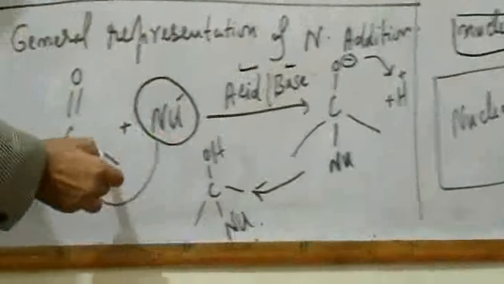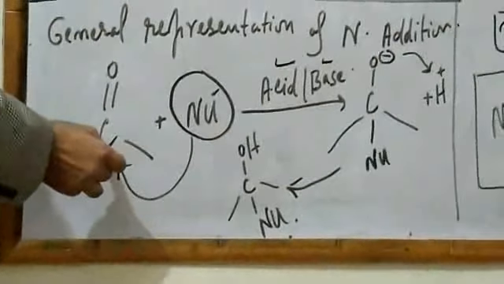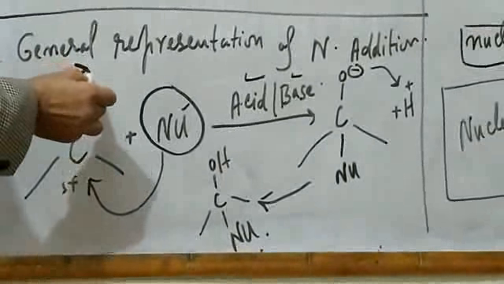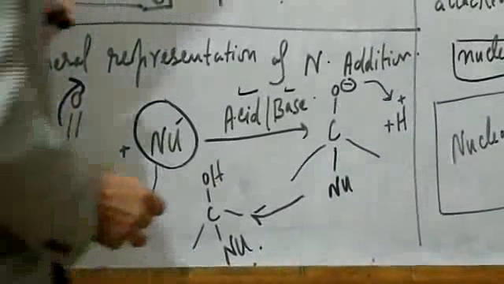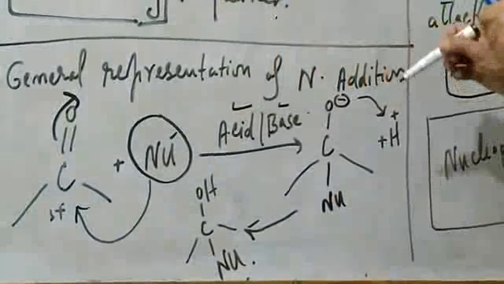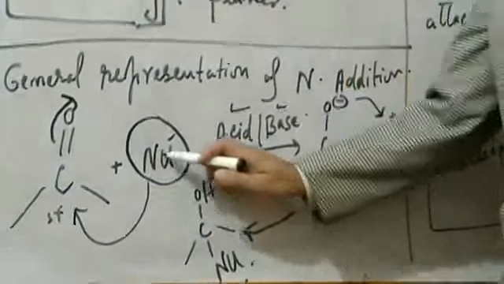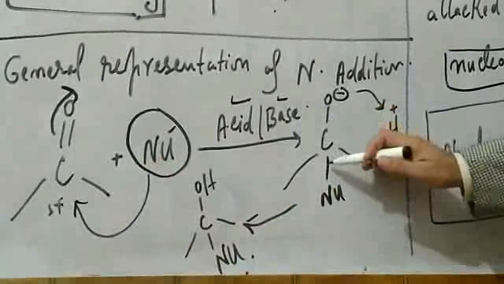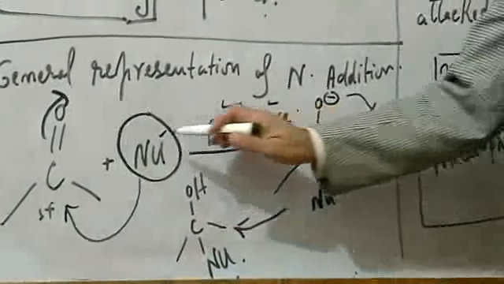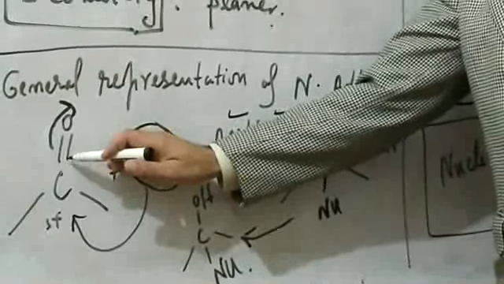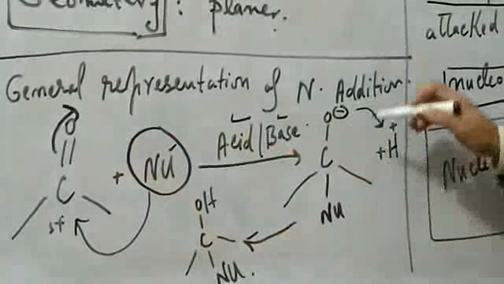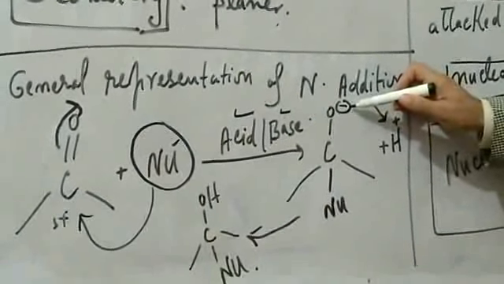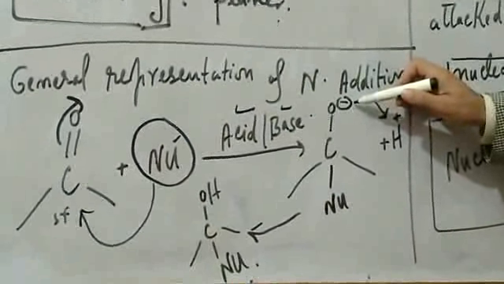When the nucleophile attacks this carbon, it shifts the electron over here. Now we have the nucleophile attached completely to this carbon, and the pi electron is shifted toward oxygen, with the result that the oxygen is completely negatively charged.